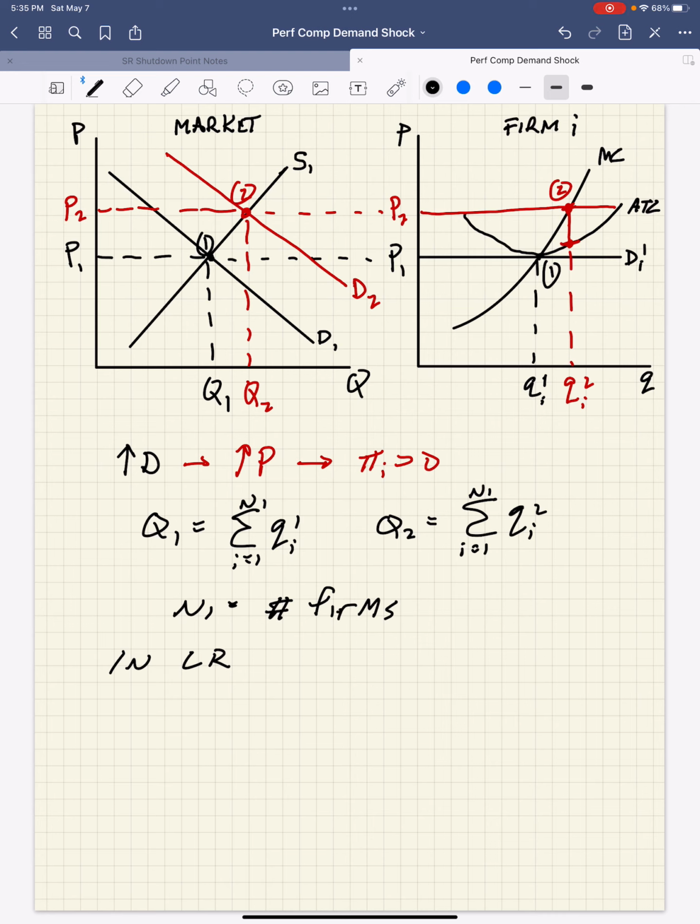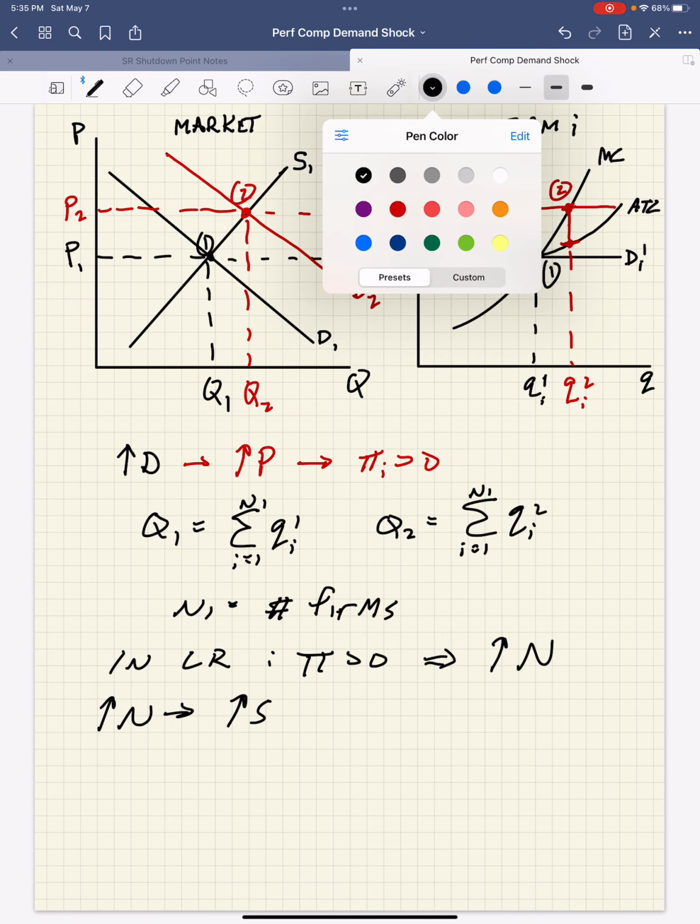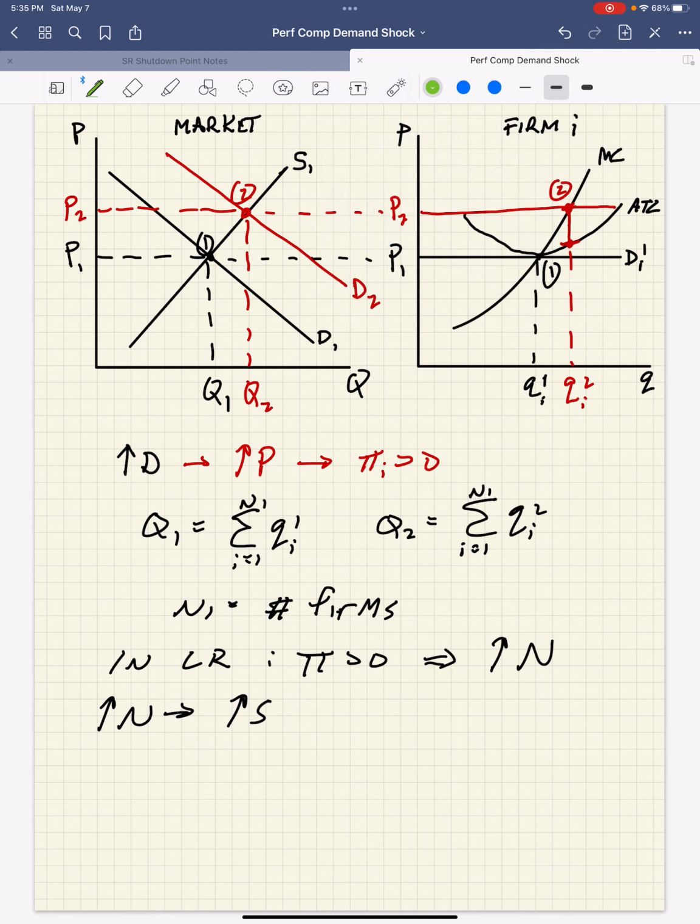So in the long run, positive profit for the firm leads to more competition, an increase in the number of firms. And as new firms come in, that's going to shift our supply curve to the right. So let's shift to green here in the long run. So new firms start producing, attracted by that profit.